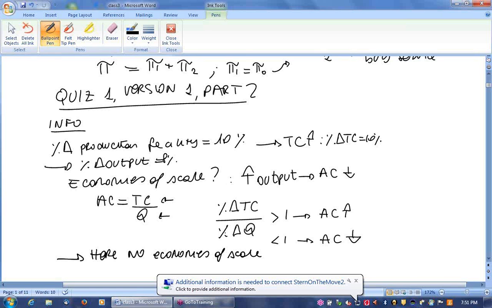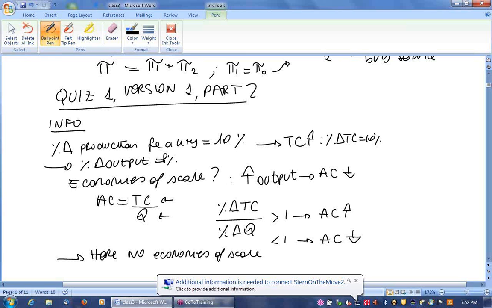It is just neutral. Okay, so you can say, yeah, you are not decreasing the average cost, right? If you have 10 and 10, it's not a diseconomy, it's not an economy. You are not decreasing the average cost. You are keeping it always the same.